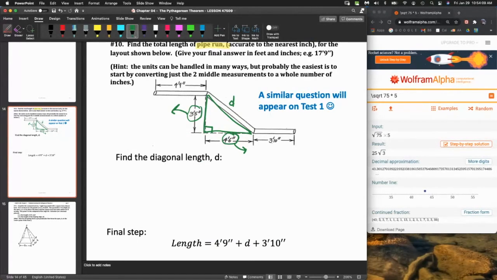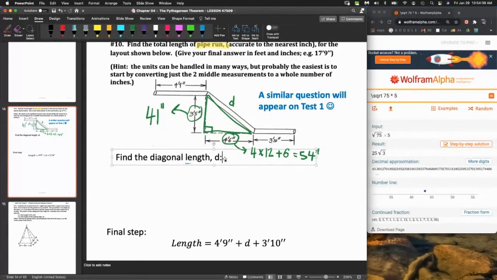So in this case, how many inches are here? 41 what? And how many inches are down here? What's 4 feet 6 inches? For those that are not clear, you do 4 times 12 plus 6, so it's 48 plus 6. So that's 54 inches. So we're going to use inches here.